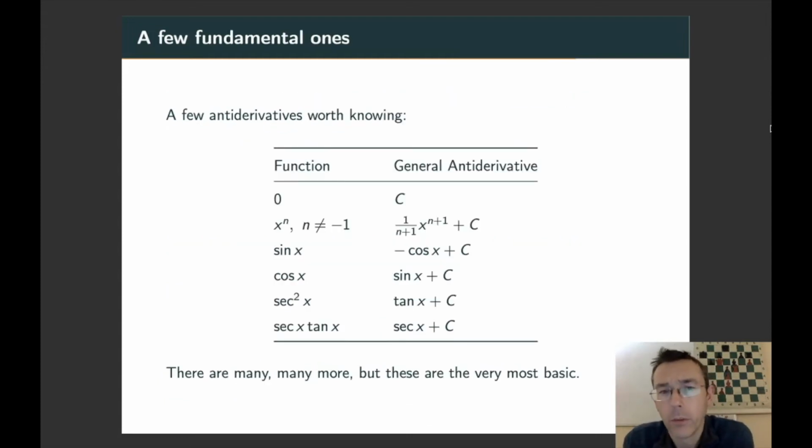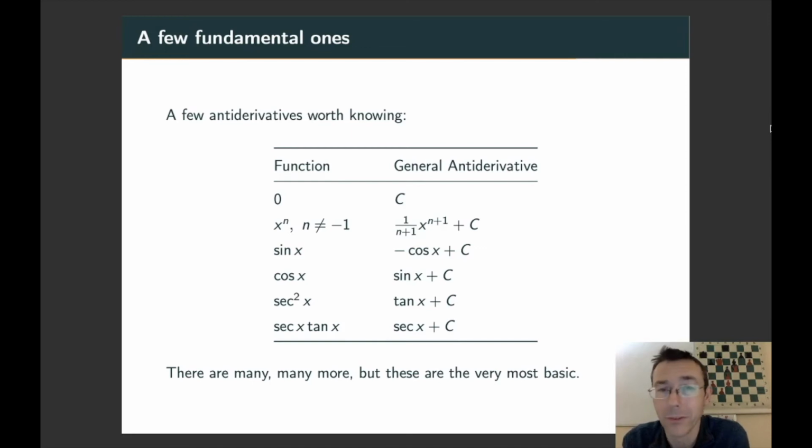Here's a table with some of the most common ones. These ones come up all the time. They're worth memorizing. The most general antiderivative of 0 is going to be a constant. If you differentiate a constant function, you get 0. The second line is particularly important. To get an antiderivative for x to a power, you've got to raise up the power by 1.